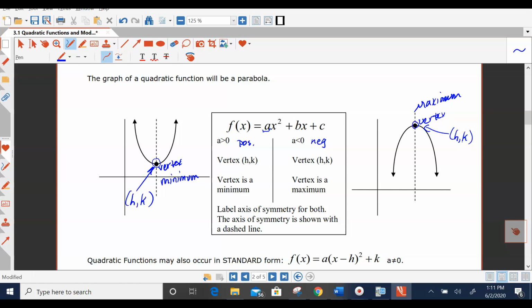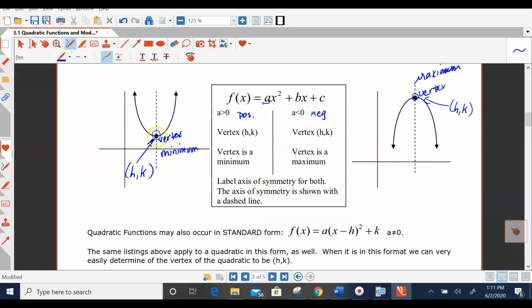Now, your axis of symmetry, which means the line that if you fold your parabola across it, it overlaps itself, that's called the line of symmetry, and it always occurs at the x value of your vertex. Or in this case, we're calling it h.